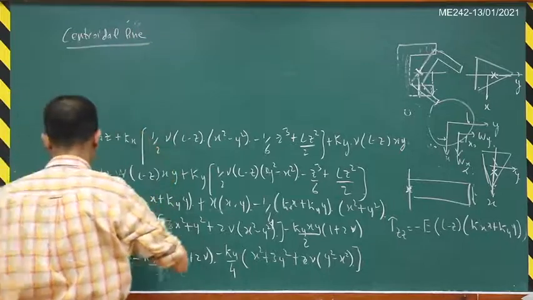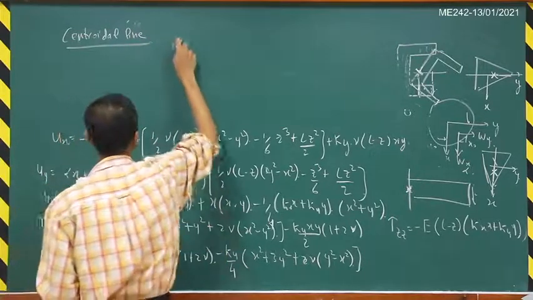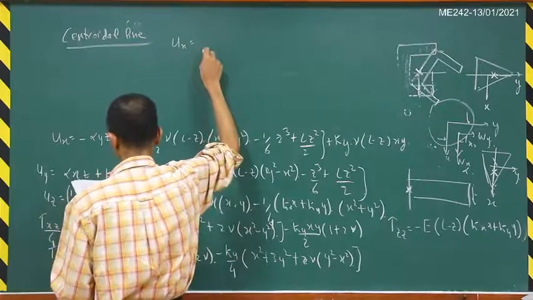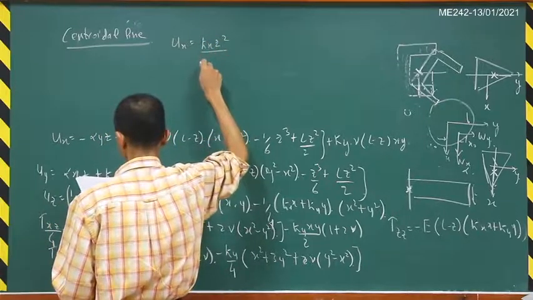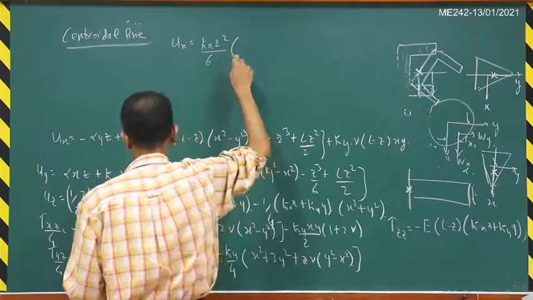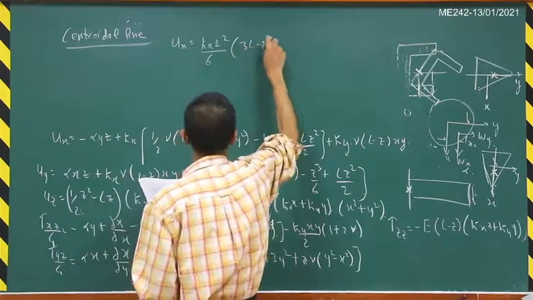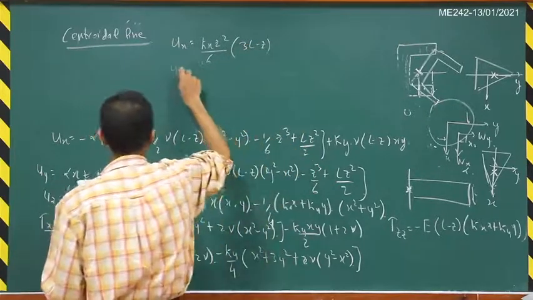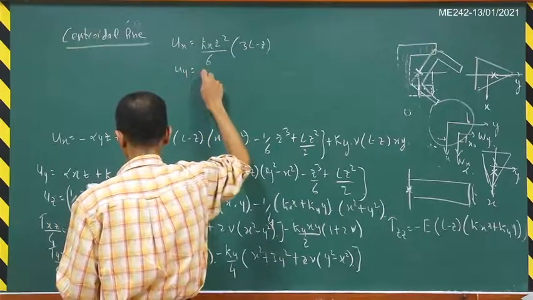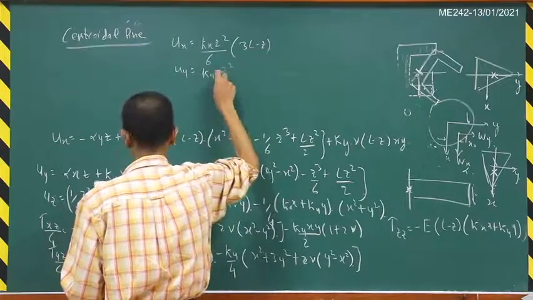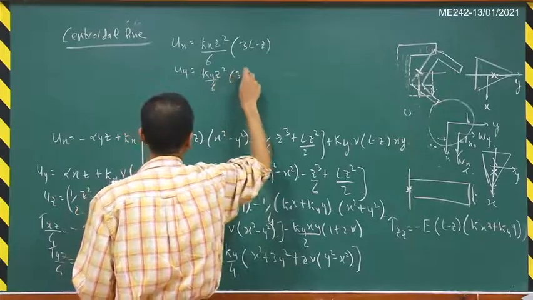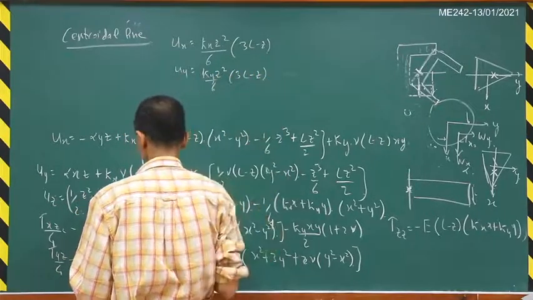You will get that ux is equal to kappa x times z square divided by 6 times 3l minus z. Then uy is equal to kappa y times z square divided by 6 times 3l minus z.